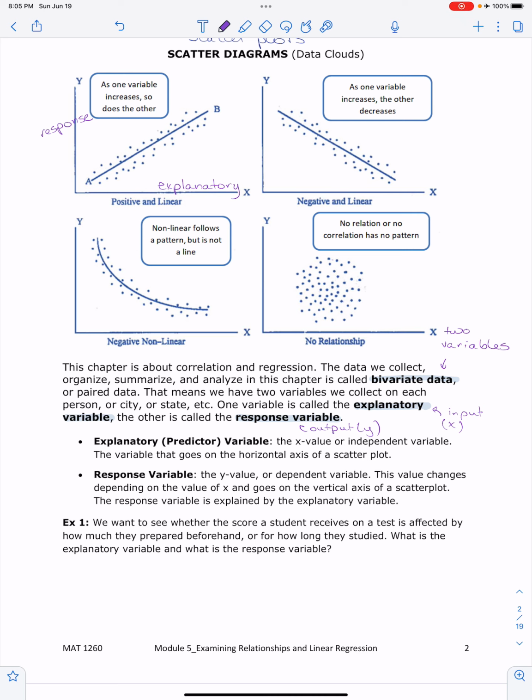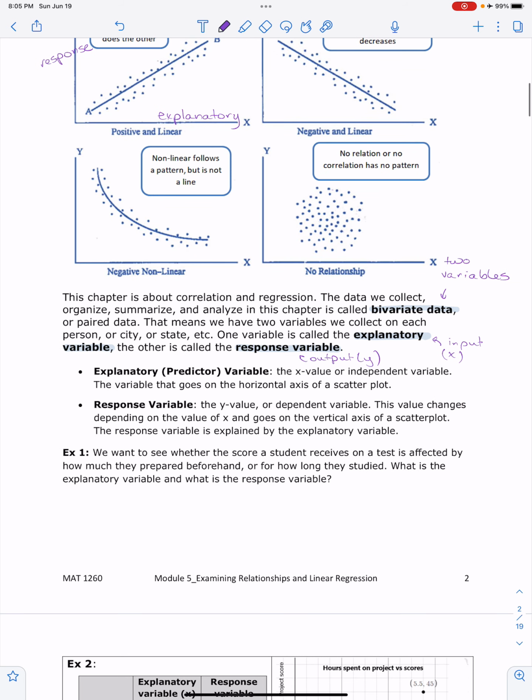Okay. These are defined here below. So you can read through that, hit pause. I won't take offense. And let's take a look at example 1. We want to see whether the score a student receives on a test is affected by how much they studied beforehand. What's the explanatory and what's the response? So our explanatory is how much the student studied.